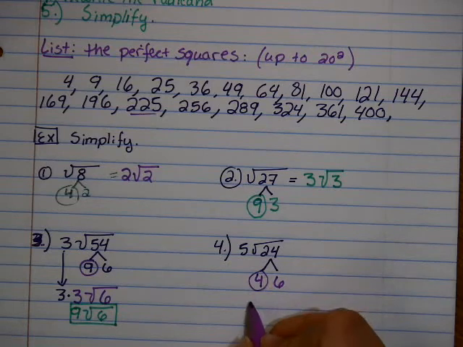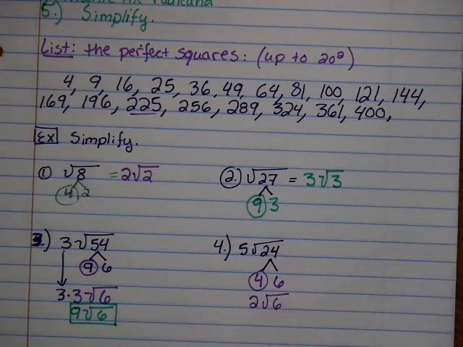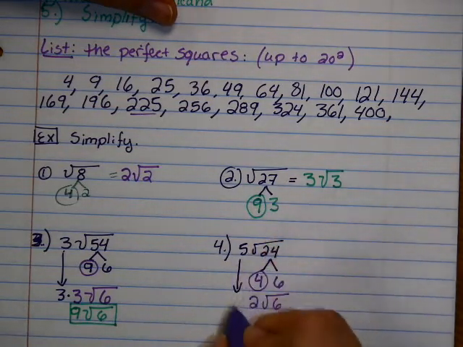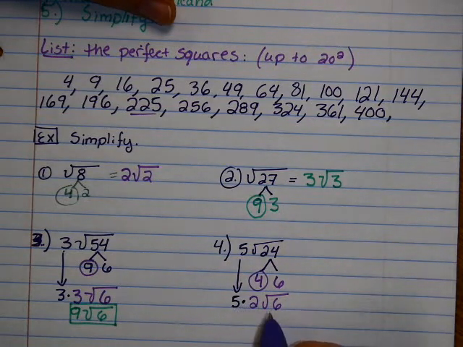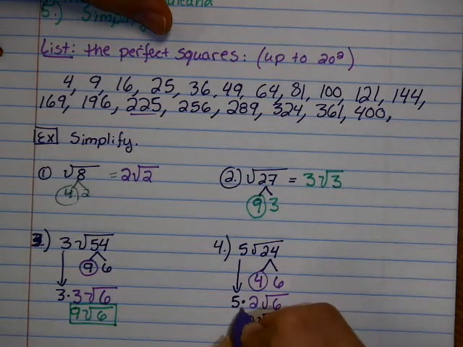I know square root of 4 is 2. Square root of 6, can't simplify, so that stays. I gotta bring down my product, the 5. Alright, so now I have 5 times 2 square roots of 6, which ends up being 10 square roots of 6.